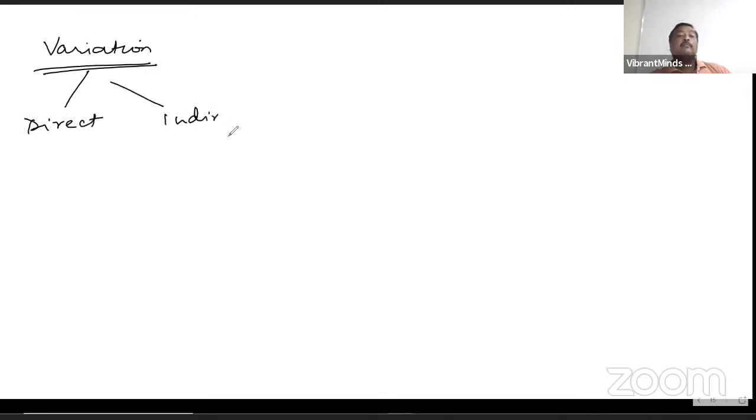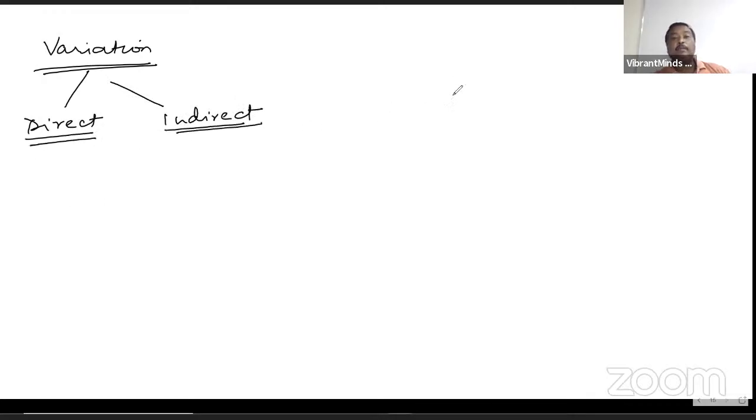Now see, one more important question is a question based on variation, and variation has two parts: direct and indirect. Now, what is a direct variation and what is indirect variation?